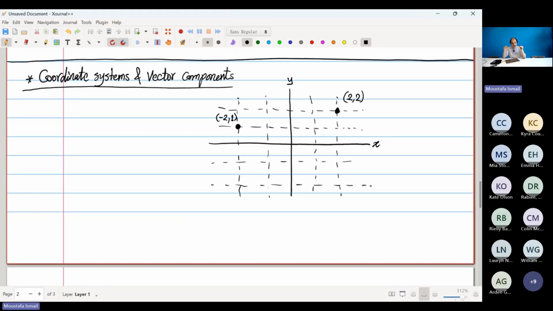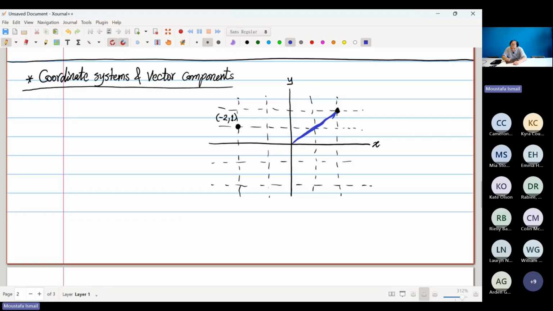Vectors are essentially the same. We just have the vector itself, and we specify the vector by its components along the x and y axes. So let's do that more formally by having a vector like this.